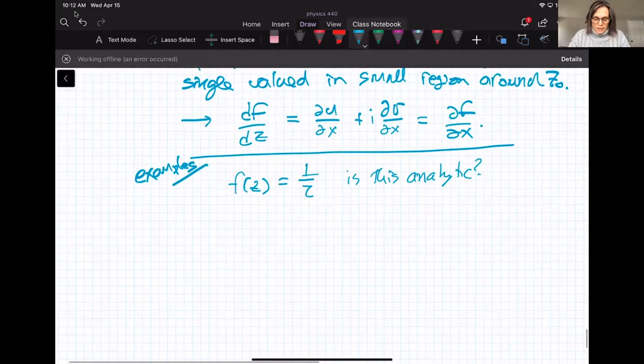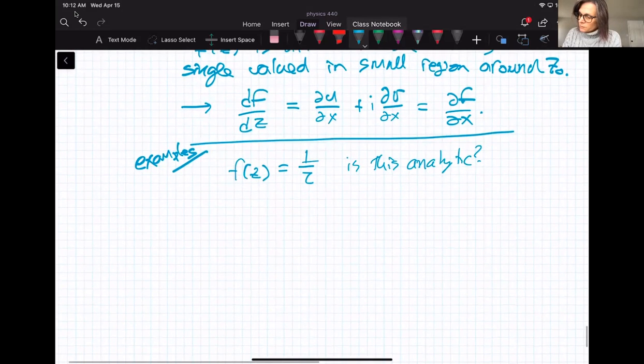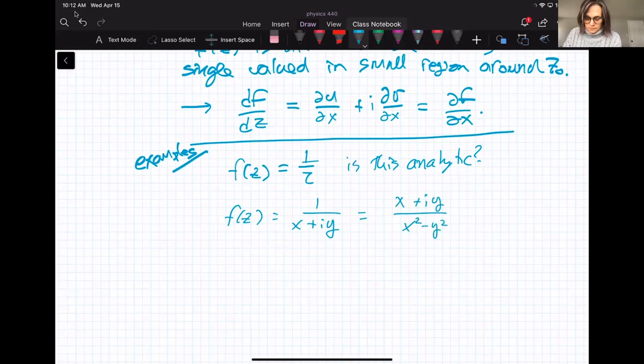In order to do that, we check the Cauchy-Riemann conditions. We write f of z is equal to 1 over x plus iy, which we can put into standard form by multiplying top and bottom by x minus iy. That gets us x minus iy over x squared plus y squared.